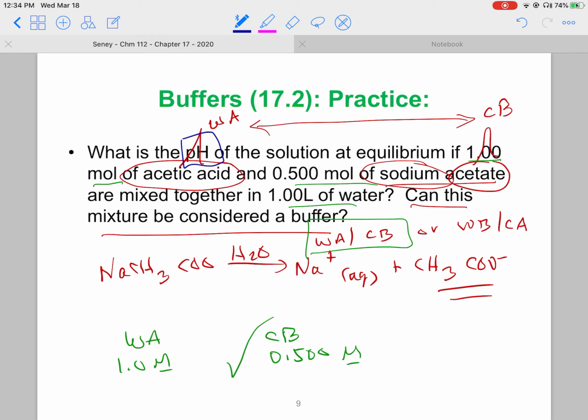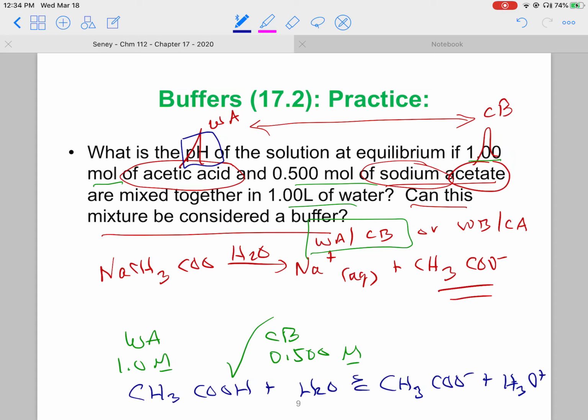So you're going to start with your acetic acid, just thinking about it, plus water yields acetate plus H3O. Now you could set this equation up and do the whole ICE chart and solve it. You can solve it that way and you will get the correct pH.